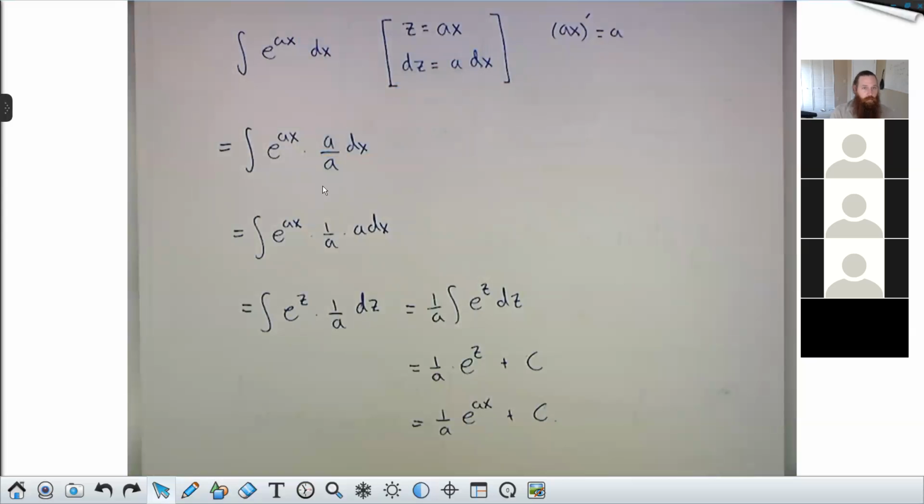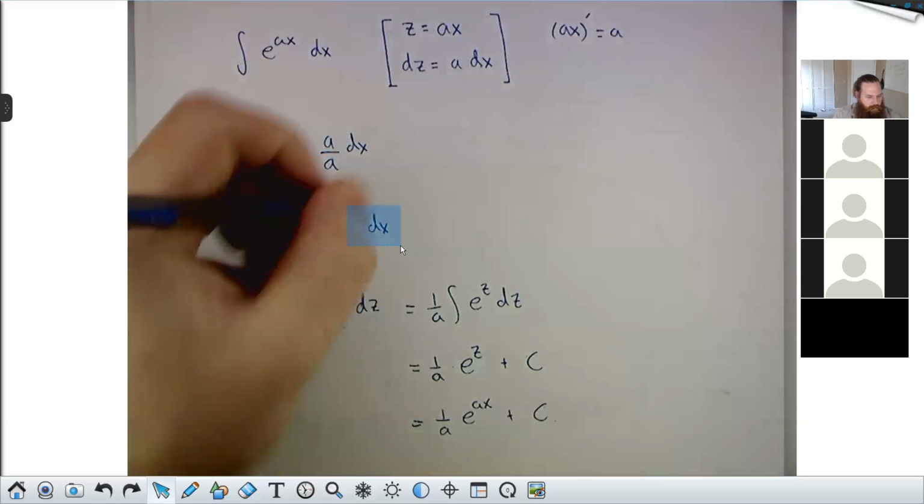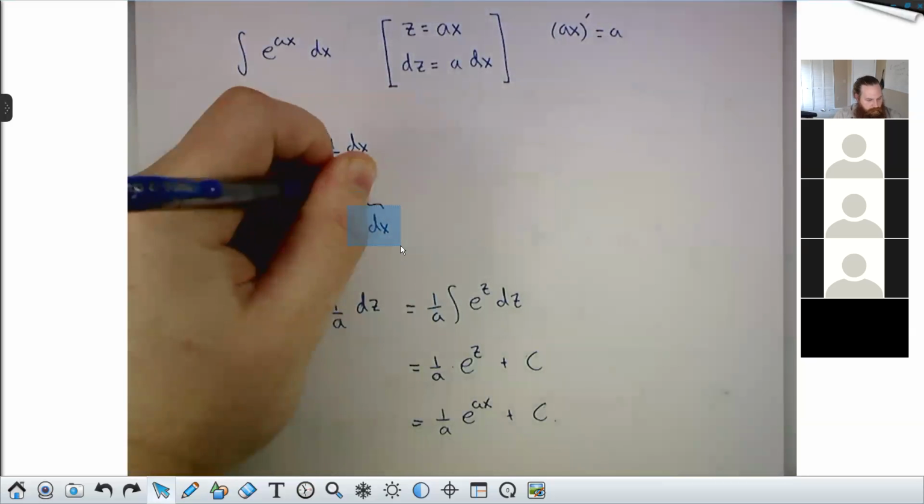So I chose to multiply by 1 in the form a over a, because that allowed me to take the a from the numerator and group it with the dx, and then the a from the denominator is just a part of this constant, 1 over a, and I'm not afraid of constants because they will pop out. But I needed to make this show up somehow, because this is dz.